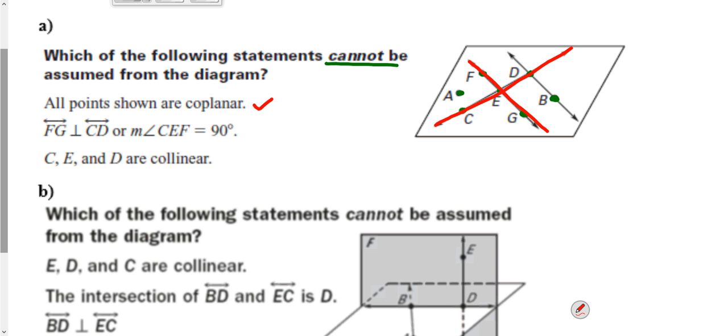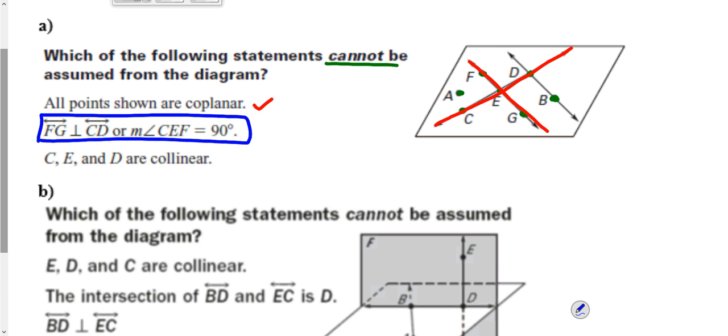Can we assume that those are perpendicular? No, we cannot. We do not have any indication that it's 90 degrees. We do not have any indication that it's a right angle or that they're perpendicular. We don't have enough information here. So this would be an answer. That is something we cannot assume.